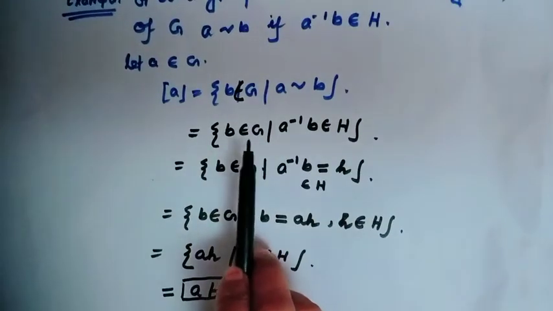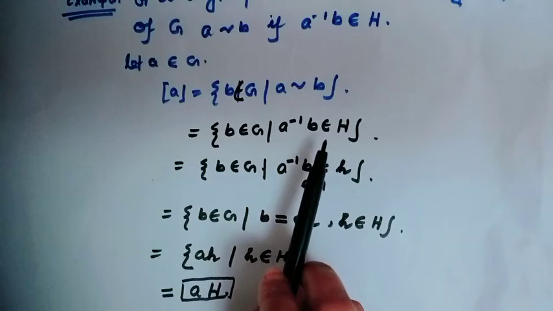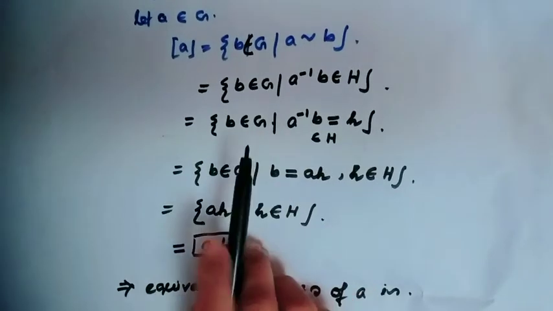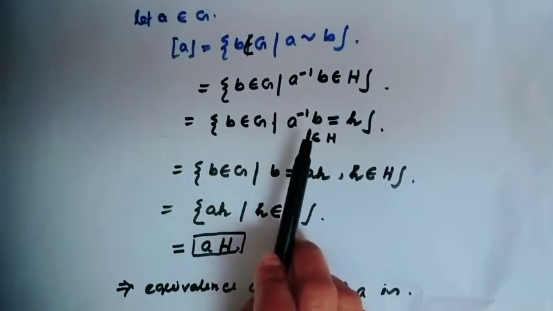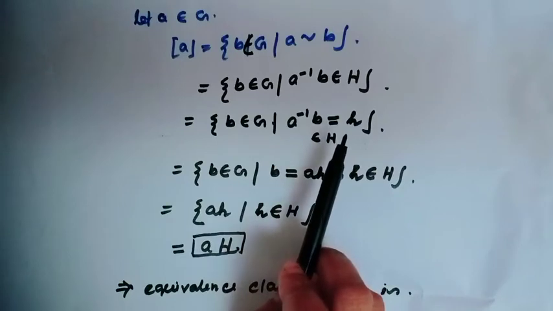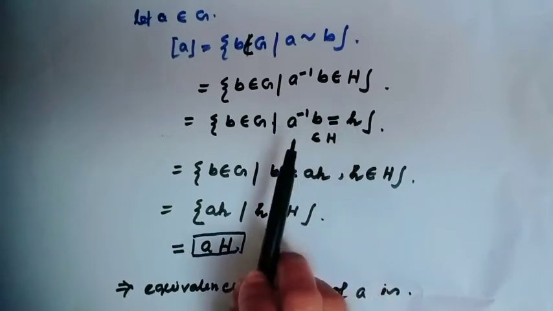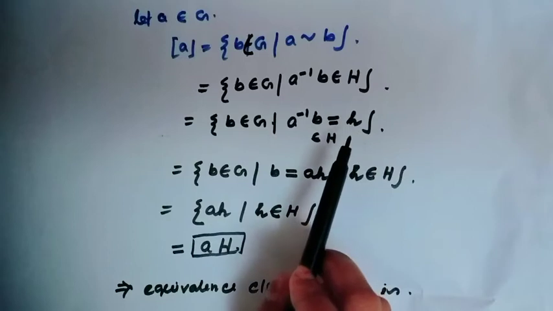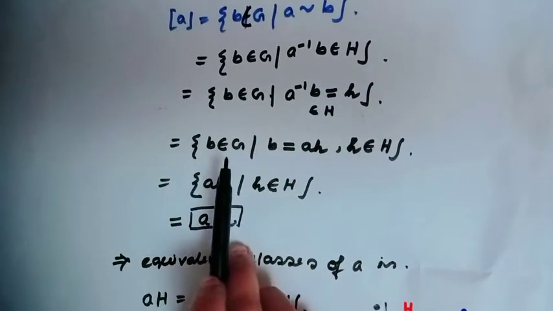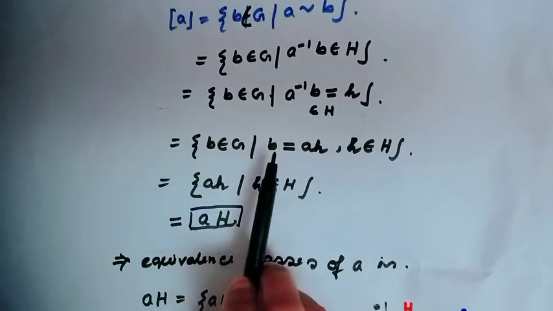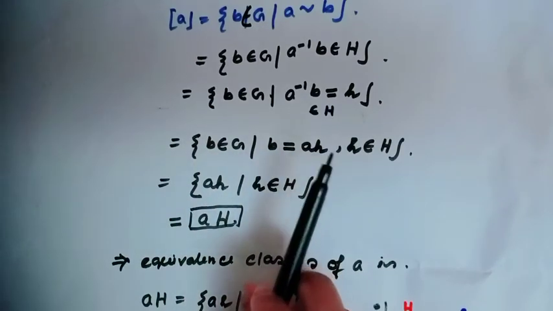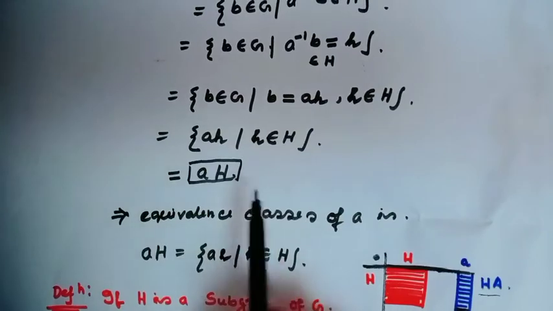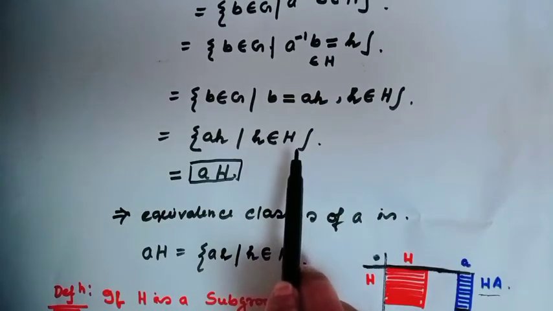That means b belongs to G such that a inverse b belongs to S, which is equal to b in G such that a inverse b equals s, where s is a particular member of the subgroup S, which is the same as b in G with b equal to as, where s is in the subgroup.